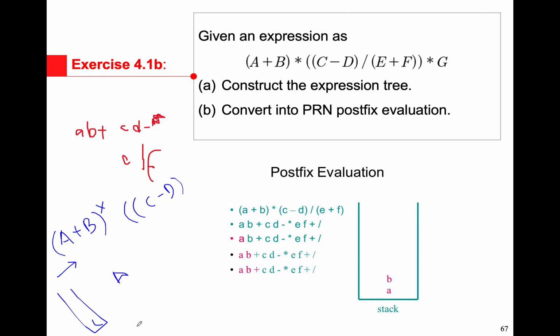After you have your a, you will meet the plus, so you will store your plus first, and then you come out with your b. So this b, and then you're going to meet your bracket.